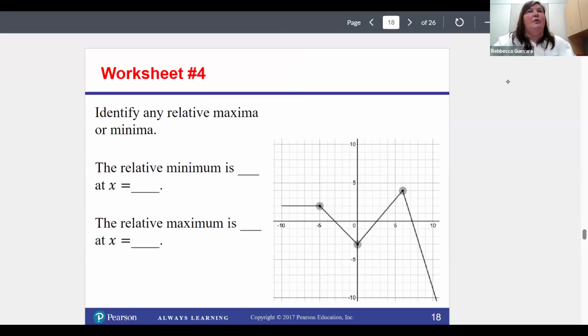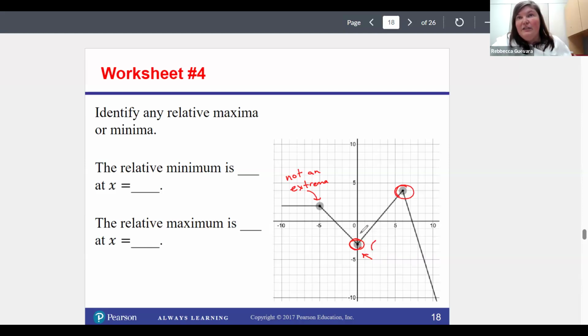If you look at this one, remember the minimums and maximums occur when you change from increasing to decreasing or decreasing to increasing. So we really just have the two of them. This is not an extrema. It is not a value larger than the ones around it. So this one would be our relative minimum.